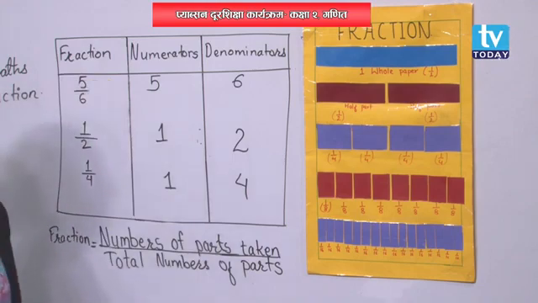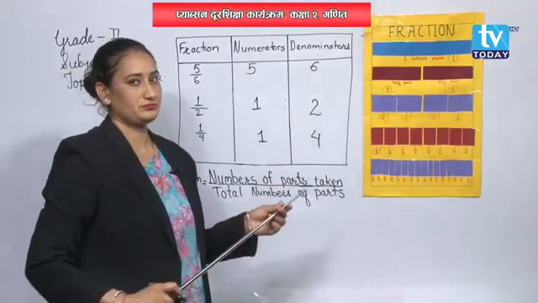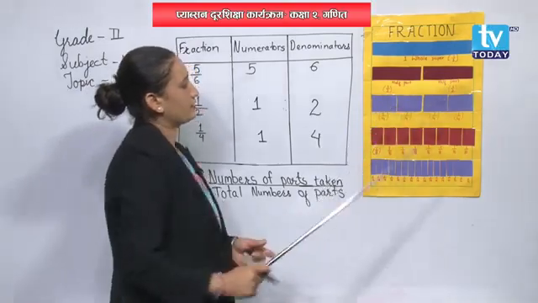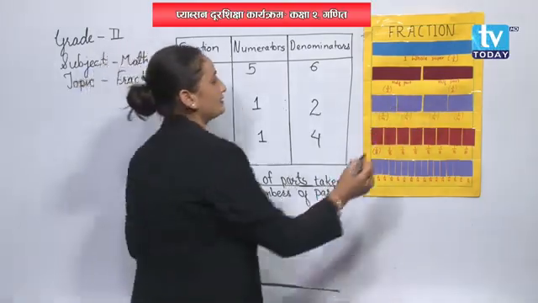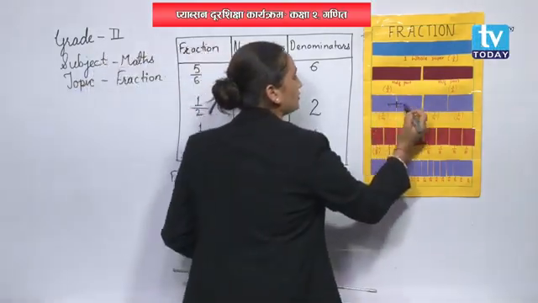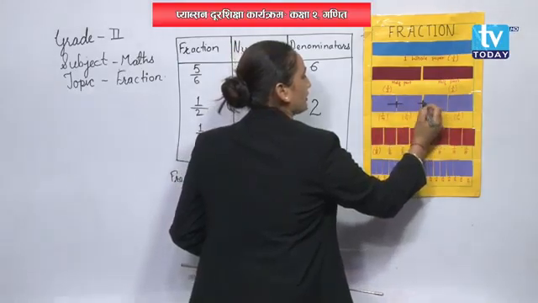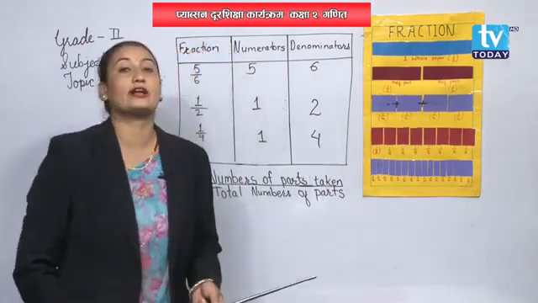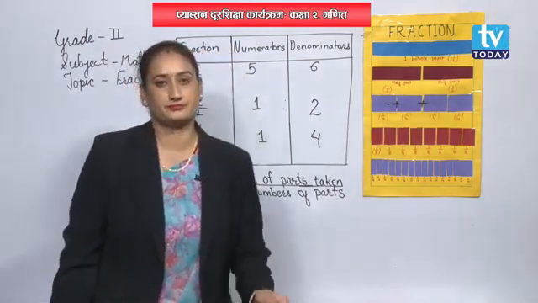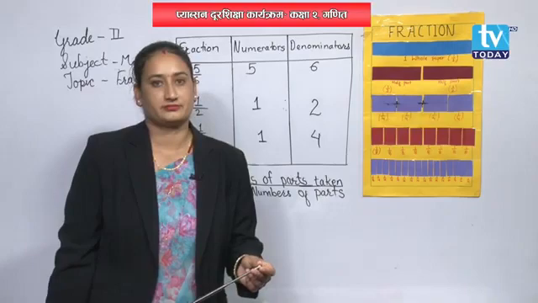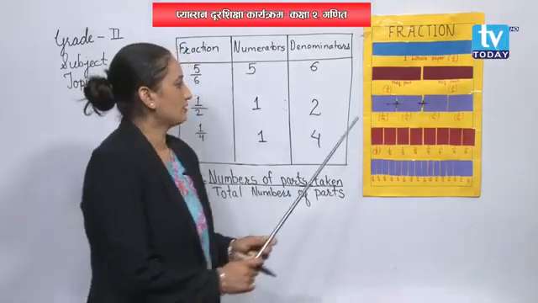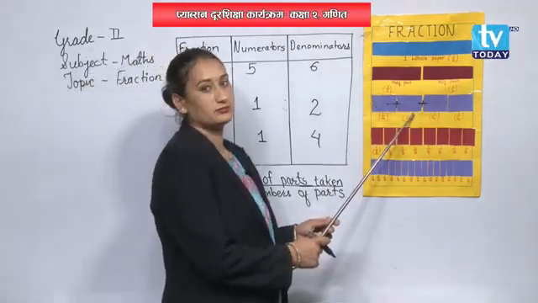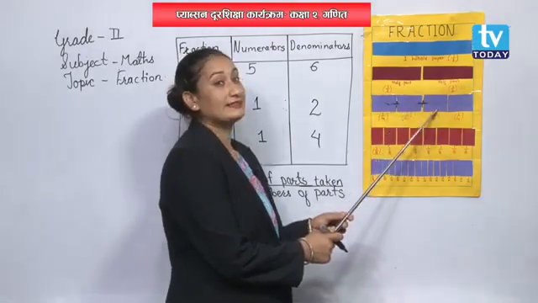Now have a look at this picture. See here, if I add these 3, then how do we write it in fraction form? Can you guess it? 1 plus 1, 2, 2 plus 1, 3.